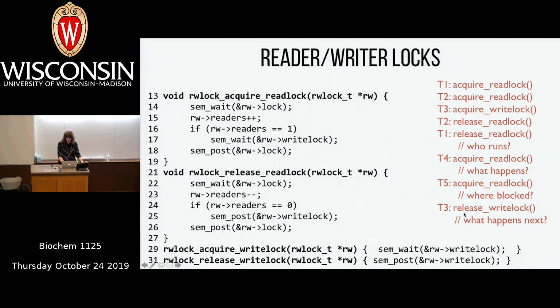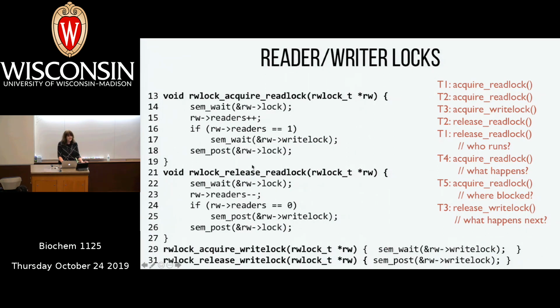So then when T3, who was our writer, calls release, it's going to call post on the write lock. That will wake up T4, the first reader who got stuck here. That first reader will return from sem wait, and then it will release the mutual exclusion lock.